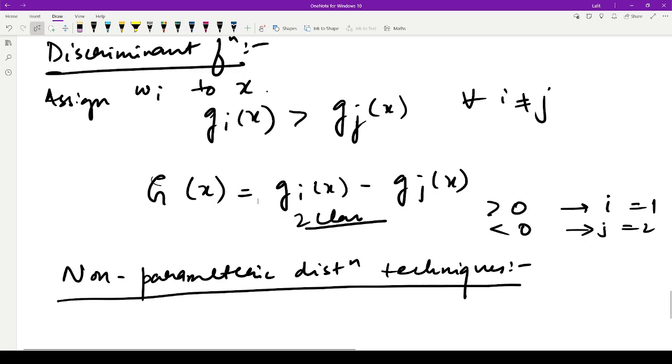For the multi-class case, you cannot really write G of x like some specific function. So for discriminant functions, you have to check for all possible combinations of classes, and then decide which one has the highest value for the discrimination, which gives you the final answer, which class it belongs to.